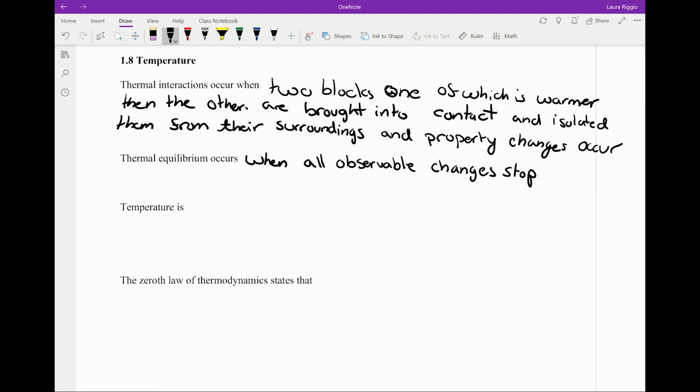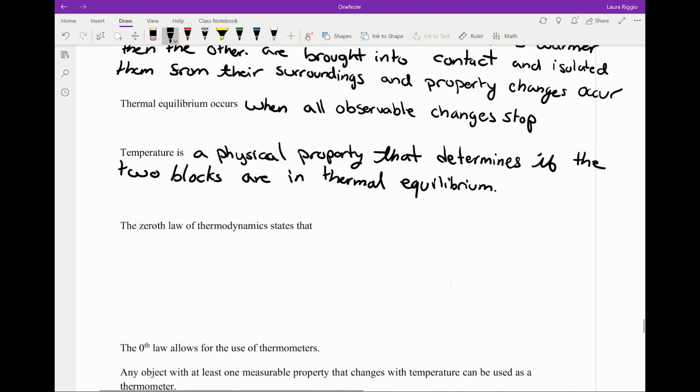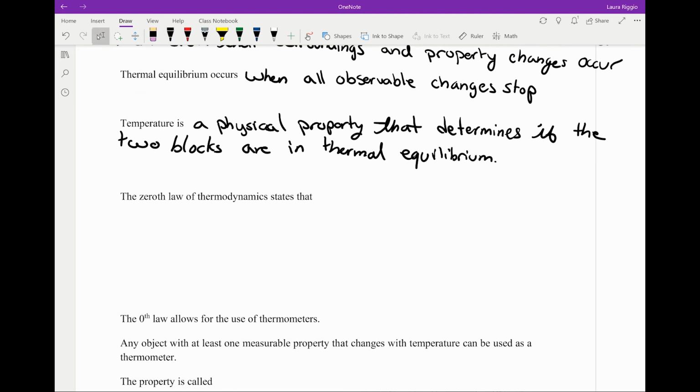And temperature is a physical property that determines if our two blocks are in thermal equilibrium. So we have something which we dub the zeroth law of thermodynamics.